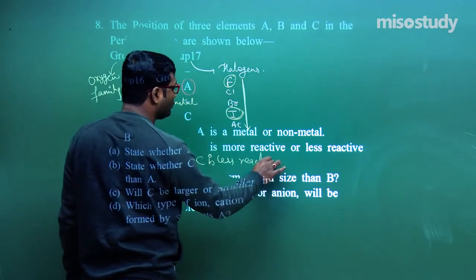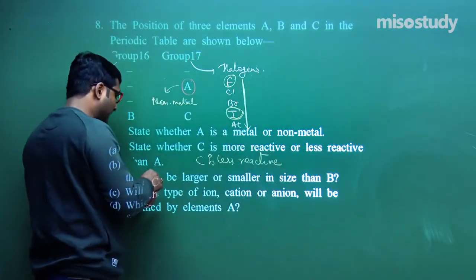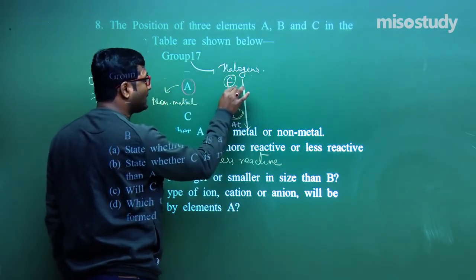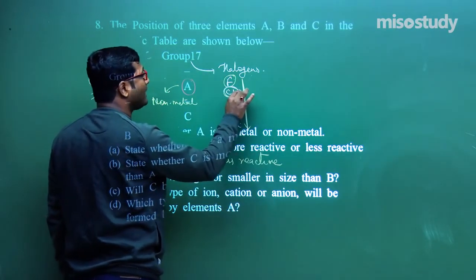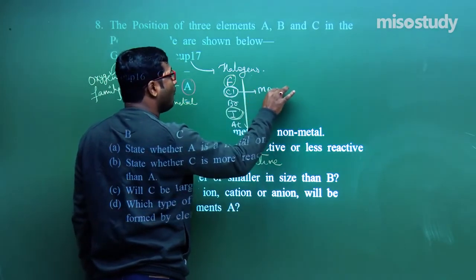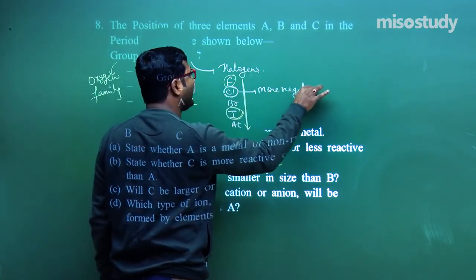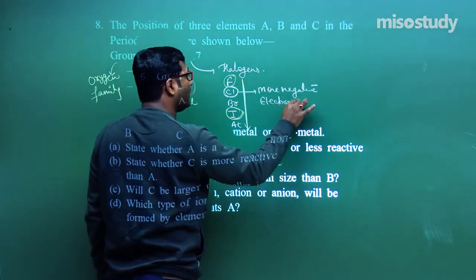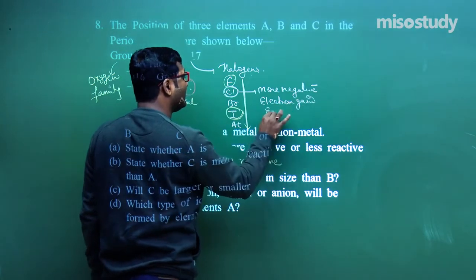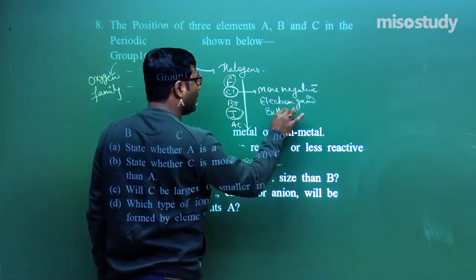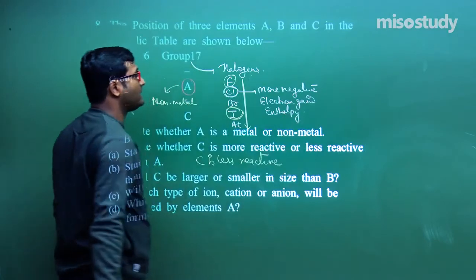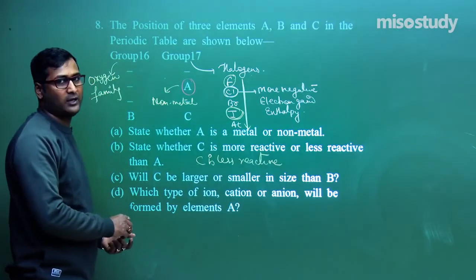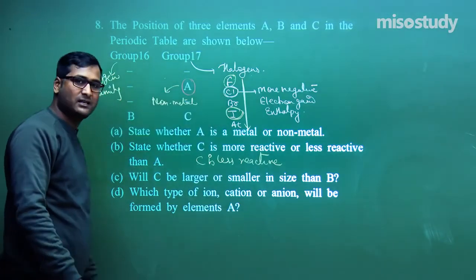One more thing I am going to mention here is an exception. Down the group, electron gain enthalpy decreases, but chlorine has a more negative electron gain enthalpy than fluorine. Always remember, more negative electron gain enthalpy. But the electronegativity of fluorine is more than chlorine. Due to this reason, this pair are called black sheep elements.